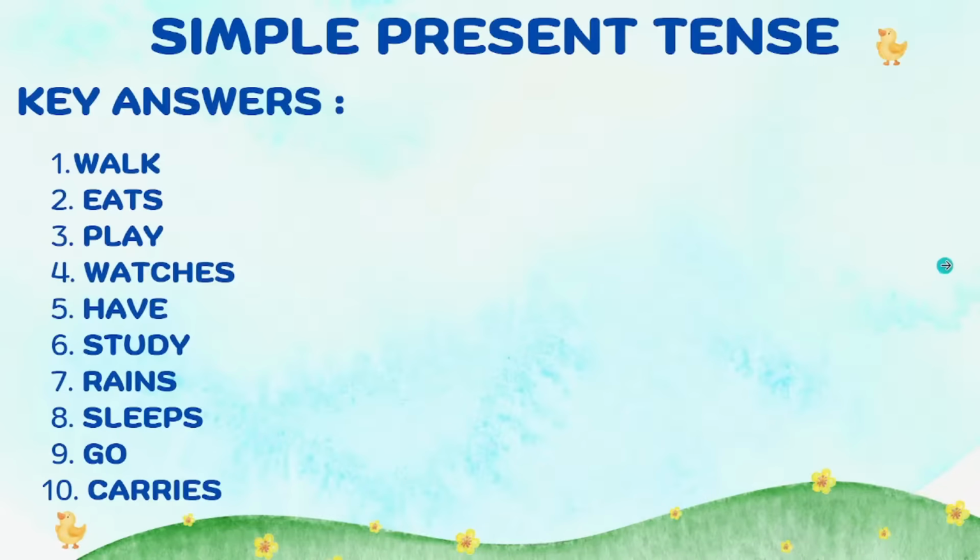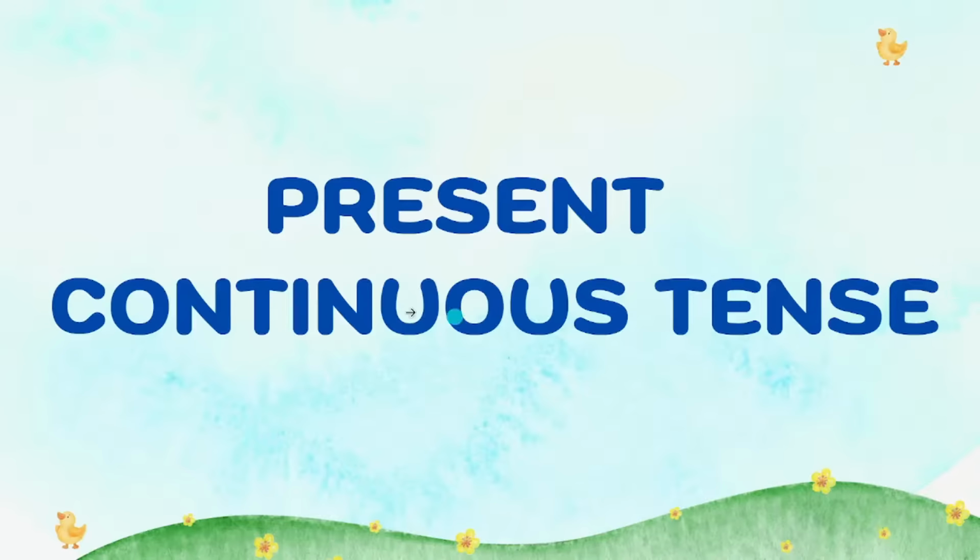Next, we'll talk about present continuous tense. When we say present, it's still happening now. Continuous means it's an extended action, what we are doing now. So, right now, if I say I'm teaching, teach is the verb.